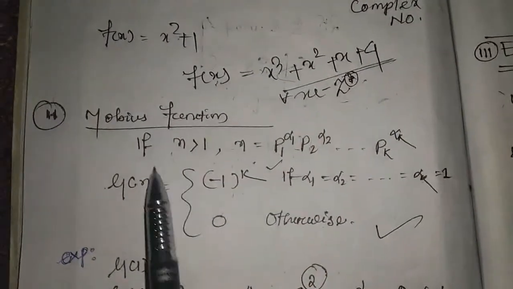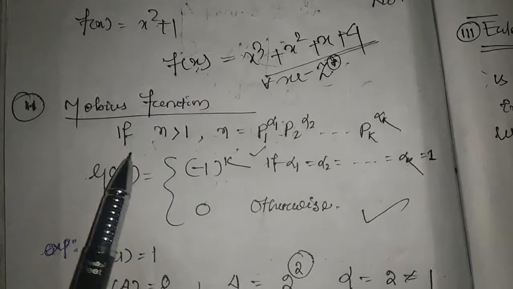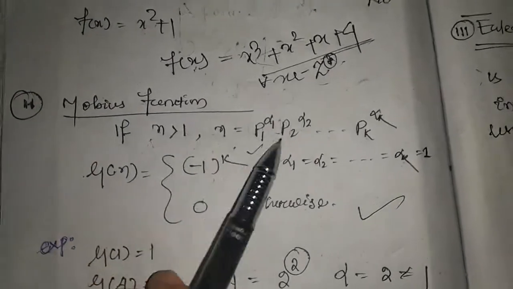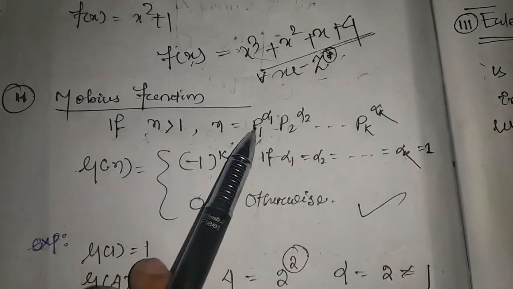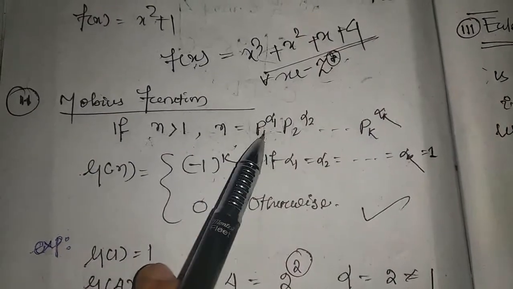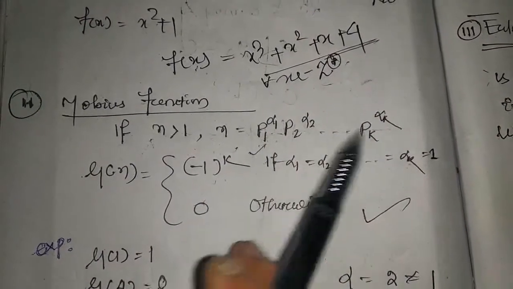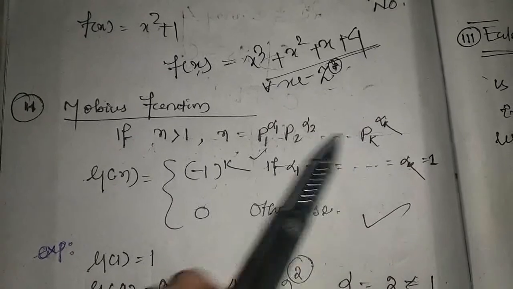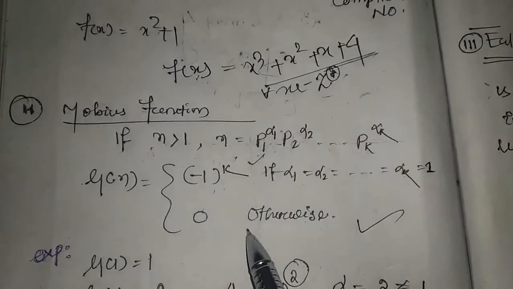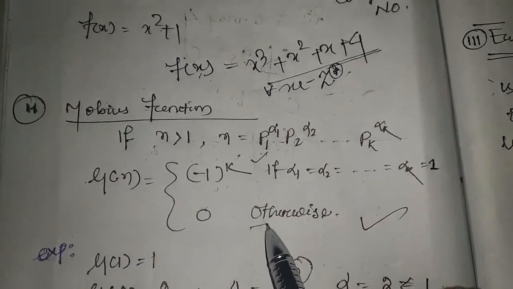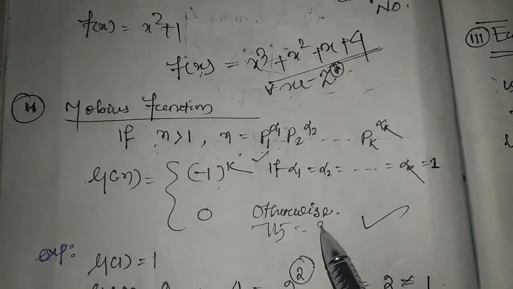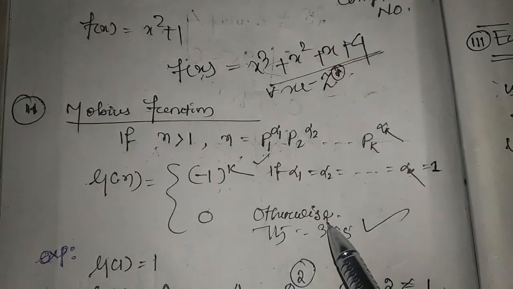Now the second function is the Mobius function. If n is greater than 1, n can be written in the form of prime factors. For example, 15 can be written as 3 into 5, that is 3 to the power 1, 5 to the power 1.